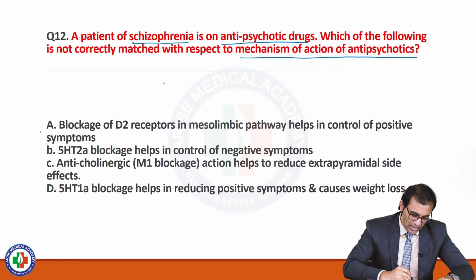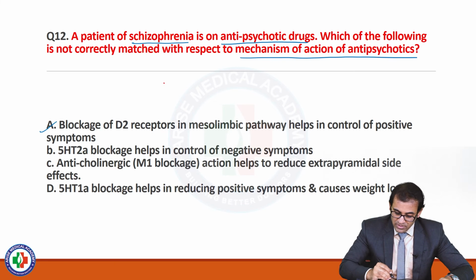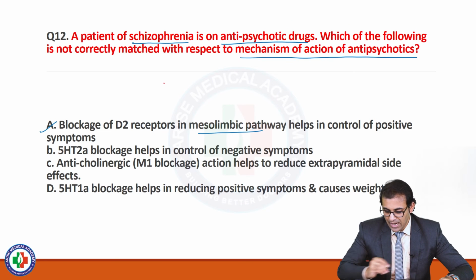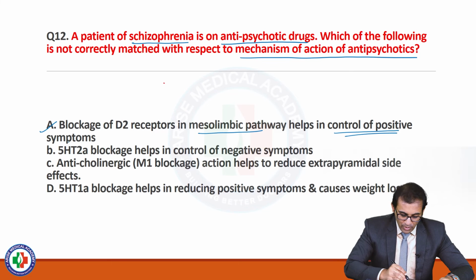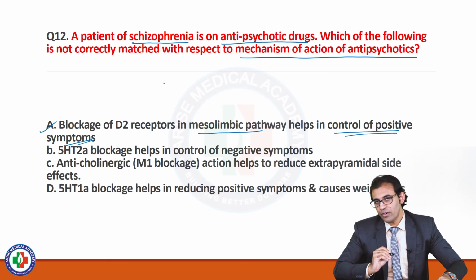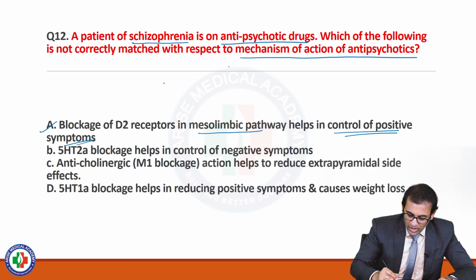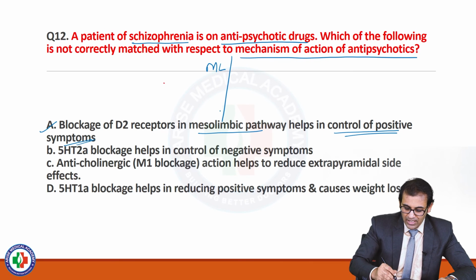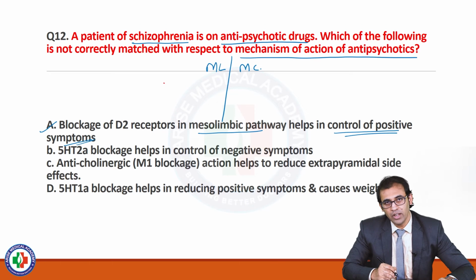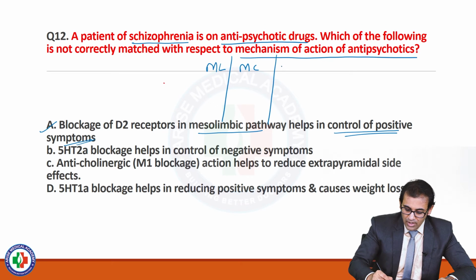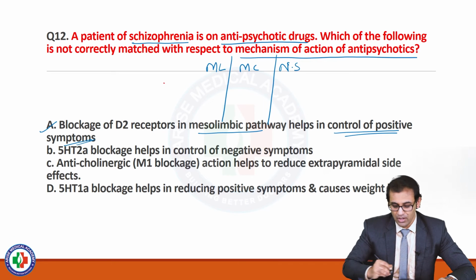See here, option number A, blockage of D2 receptors in mesolimbic pathway helps in control of positive symptoms. So first of all, do understand that there are 4 dopaminergic pathways in our brain. One is called as mesolimbic tract. Another is mesocortical tract. Third is nigrostriatal pathway.